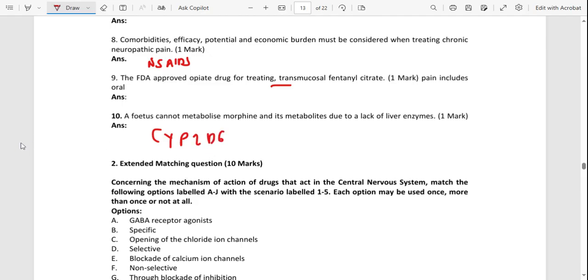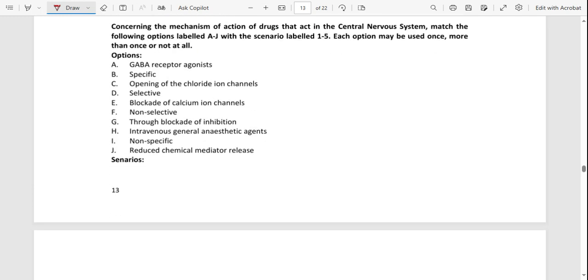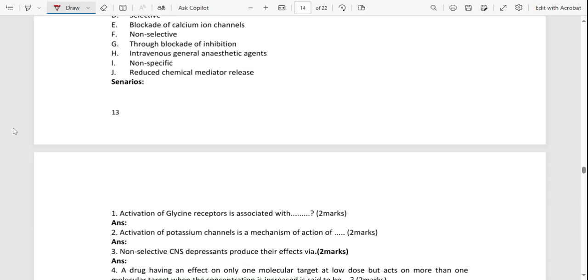Then we have got the extended matching question. So you have got GABA receptor agonist specific opening of the chloride ion channel, selective blockade of calcium ion channel, non-selective through blockade of inhibition, intravenous general anesthetic agent, non-specific reduced chemical mediator. So we should match with these scenarios.